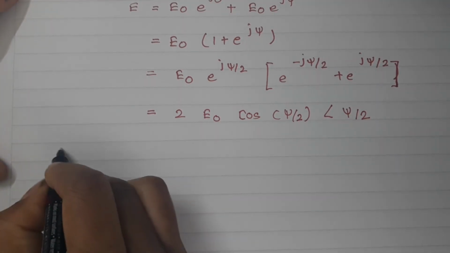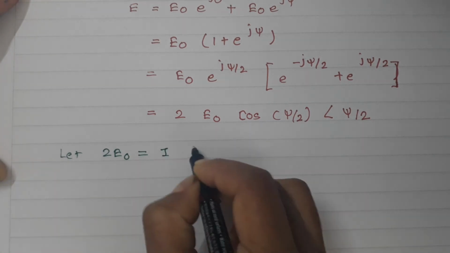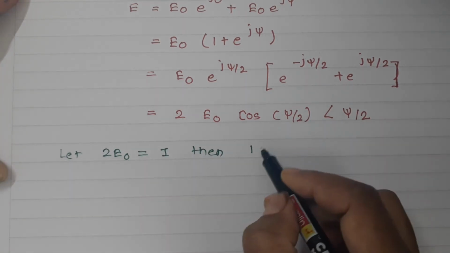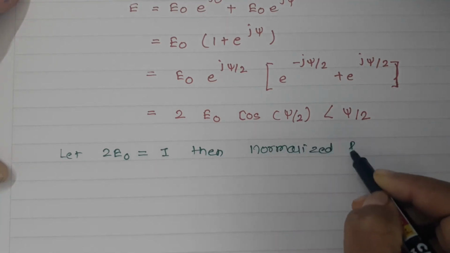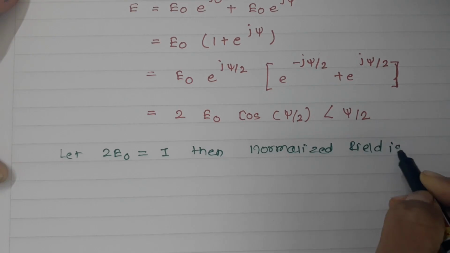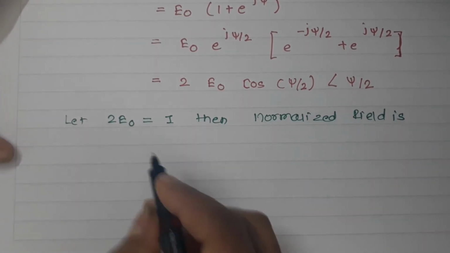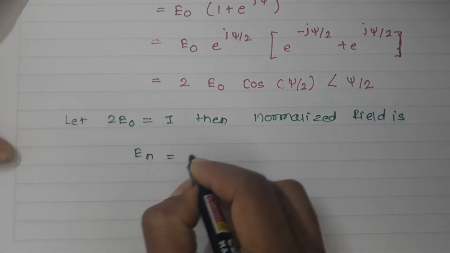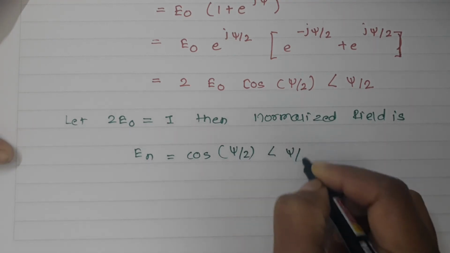So let 2E0 be equal to 1, then the normalized field will be En equals cos of psi by 2 with the angle psi by 2.